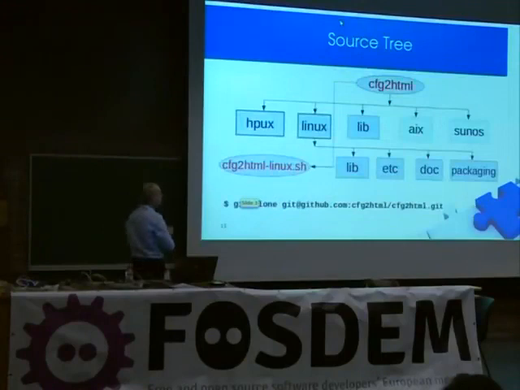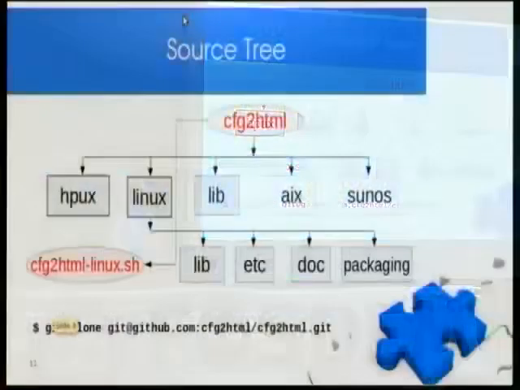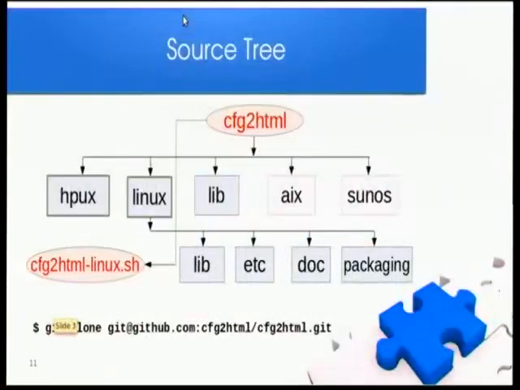Okay, the source tree. I already said that config2html has a main script on the top, and then you have subdirectories beneath it. For each main operating system, we have a separate directory. That's the new style. Everything for HP-UX will go under the HP-UX tracker. Only the Linux tracker is shown here. You can see it has library, etc, documentation, packaging.